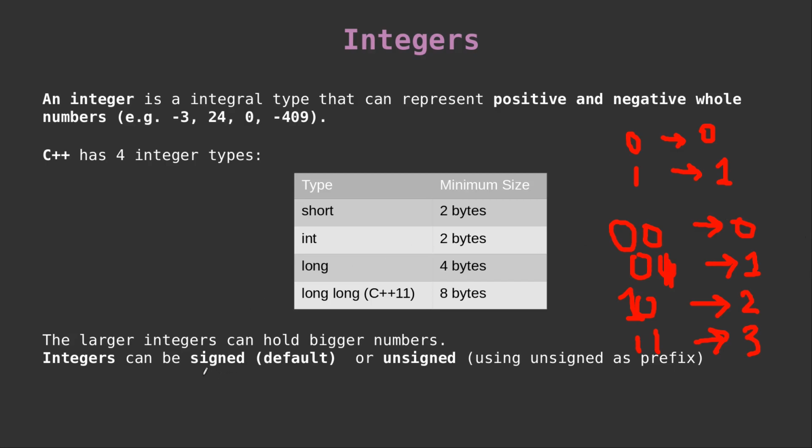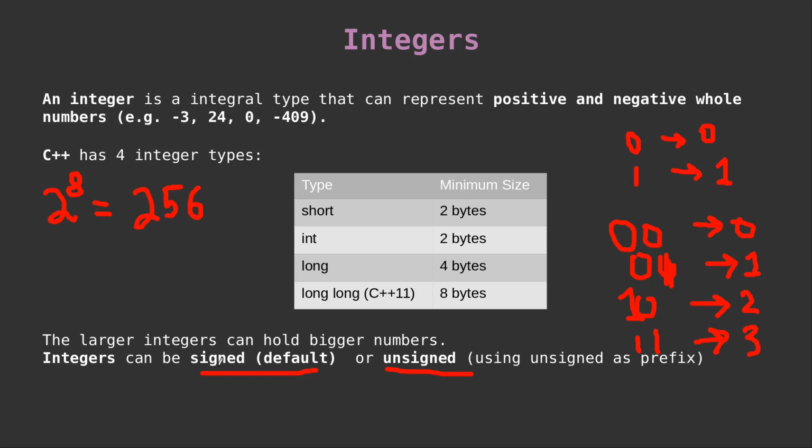Integers can be signed, which is the default case, or unsigned, and the difference between both of these is the range. So assuming we have a 1 byte integer, so 8 bits, we would have 2 power 8 values that we can store, which is 256 values.